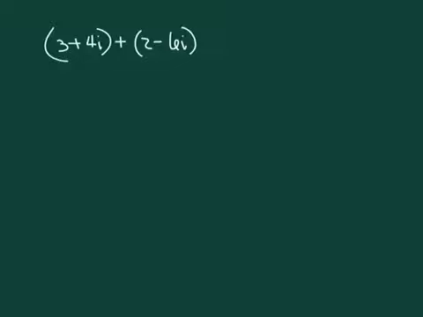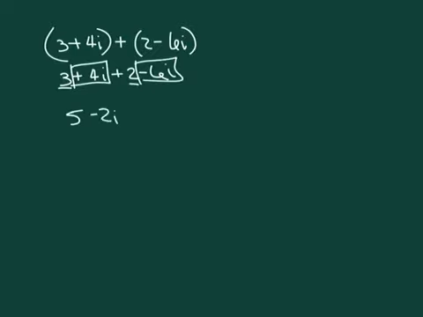So if you want to take out the parentheses, you combine the 3 and the 2, and you combine the 4i and the -6i, and that's it. So it's not a variable, but you work with it as if it is a variable, and you should be fine.